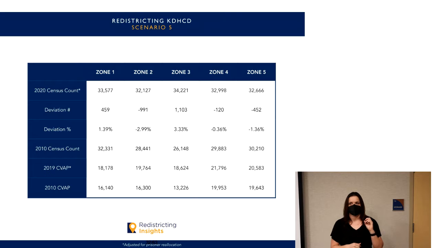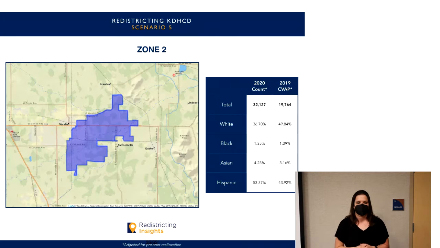Okay, we're on scenario 4, are we done there? I believe so. We'll move on to scenario 5. For this one, we'll start in this eastern district, labeled as District 2.